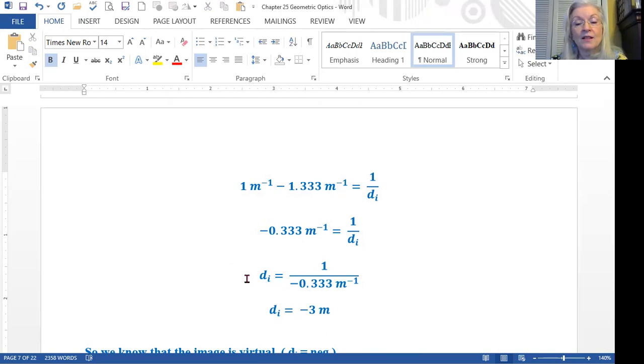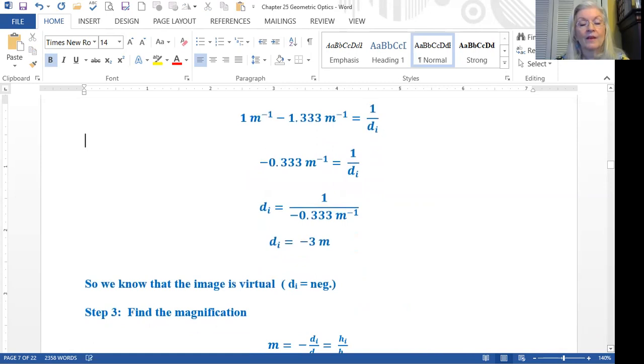We know it's measured in meters because all the units we started out with were meters. Image distance is negative 3 meters. By having it negative, I know it's a virtual image, which means it's on the back side of the mirror. If your image distance is negative, you have a virtual image.